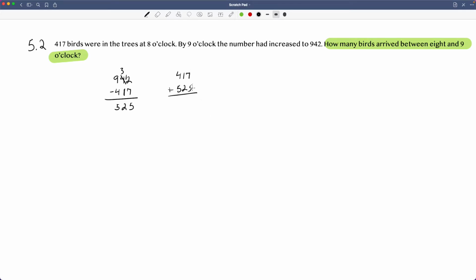These were the birds that were added, and that should give us the total that was there at 9 o'clock. 7 plus 5 is 12, so 2, carry the 1. 1, 1, and 2 is 4. And 5 and 4 are 9. So our numbers match, so we know that we did our math correctly. And 525 is the number that arrived between 8 and 9 o'clock. All right, so let's do one more.